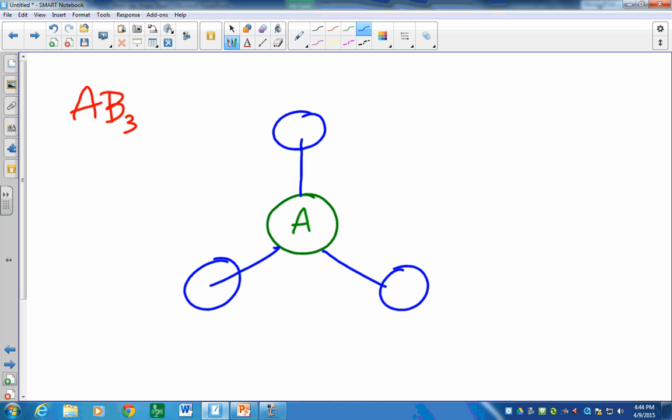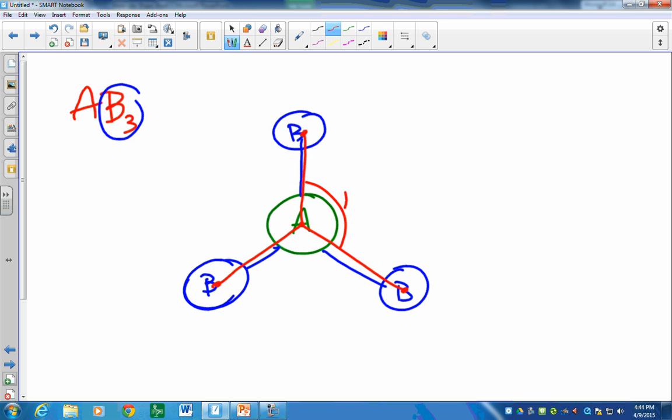And here's the reason. Sorry, I'm trying to draw good pictures. I'm not a very good drawer. This is B, this is B, this is B. What this notation means is that there are 3 B's aligned around the A. And picking up the red, again, if you go from nuclei to nuclei to nuclei, knowing that there's 360 degrees in a circle, obviously each of these has to be 120 degrees because 360 divided by 3 is 120.